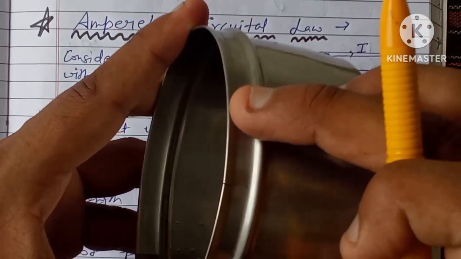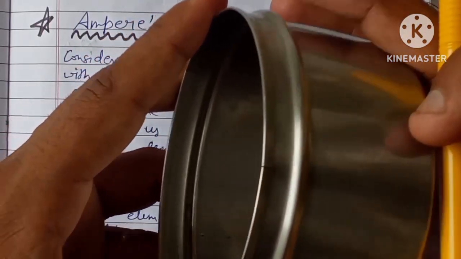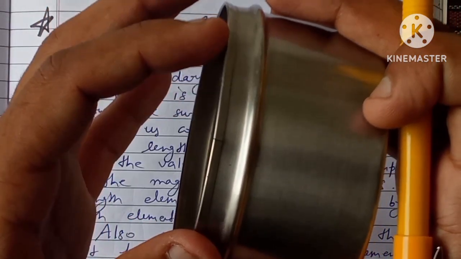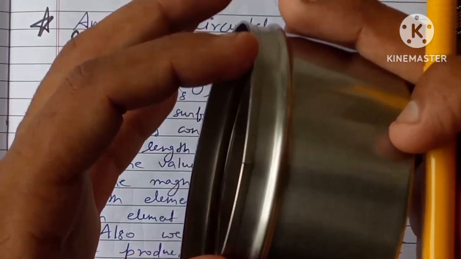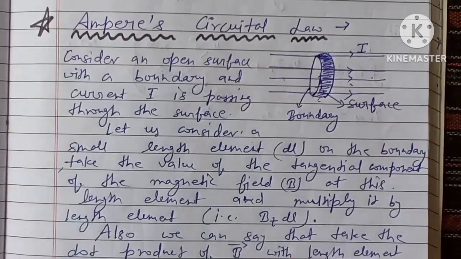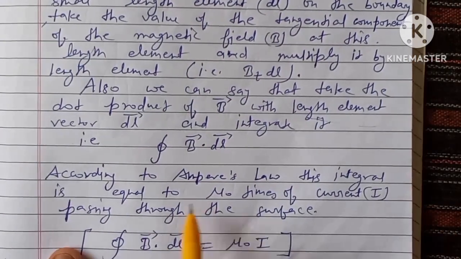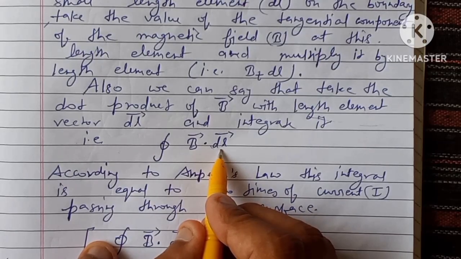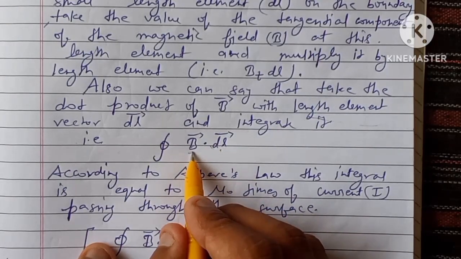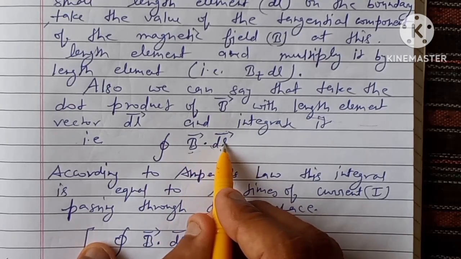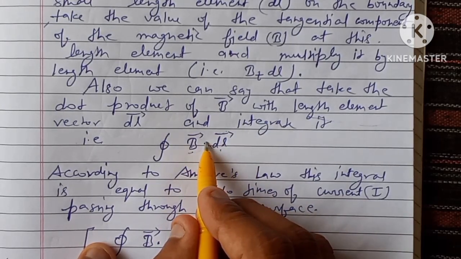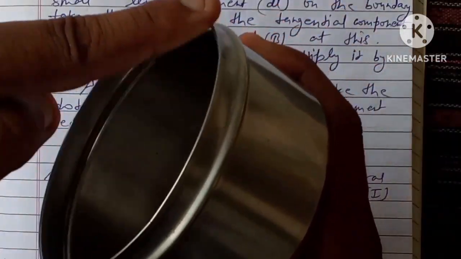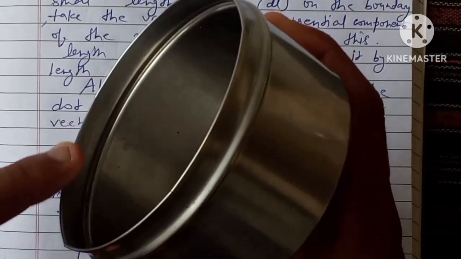So you have taken a length vector, dl vector, and the resultant magnetic field at this length vector, which is represented by B vector. Then take a dot product. I have written it here. Then integrate this B vector dot dl vector around this boundary.